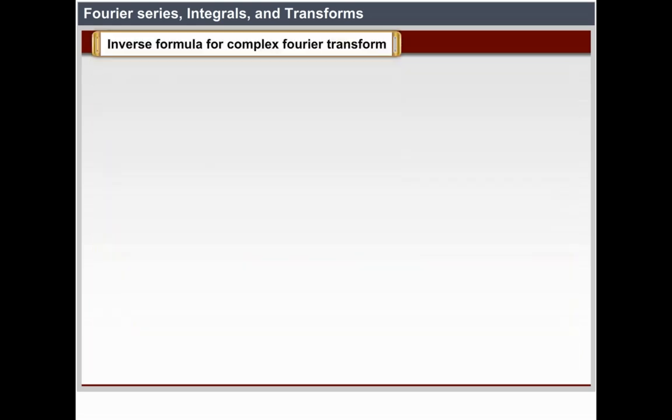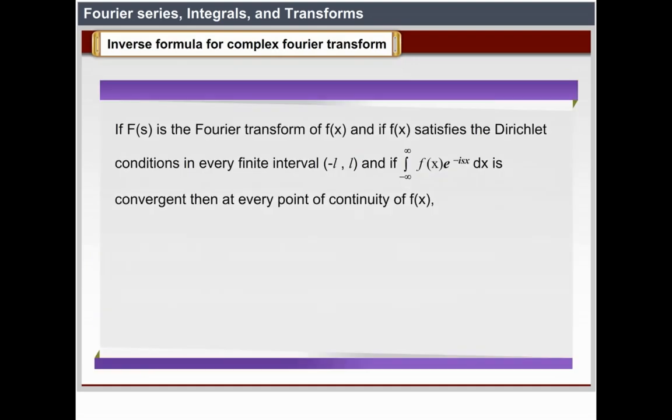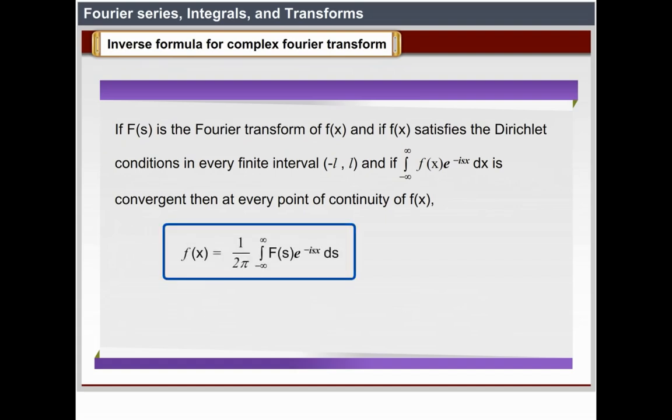Inverse formula for complex Fourier transform. If F(s) is the Fourier transform of f(x), and if f(x) satisfies the Dirichlet conditions in every finite interval −L to L, and if ∫ from −∞ to +∞ f(x) e^(−isx) dx is convergent, then at every point of continuity of f(x), f(x) = 1/2π ∫ from −∞ to +∞ F(s) e^(−isx) ds.